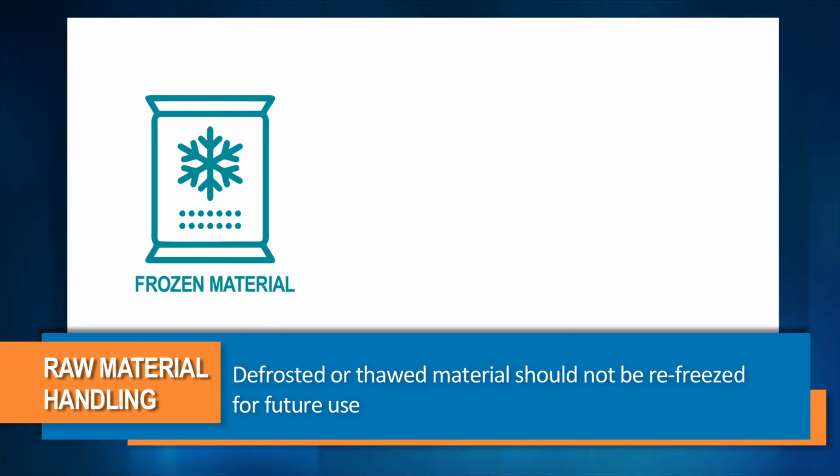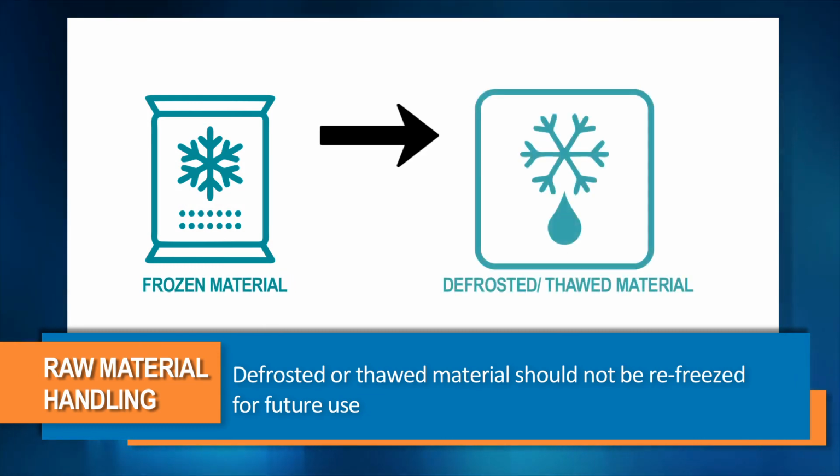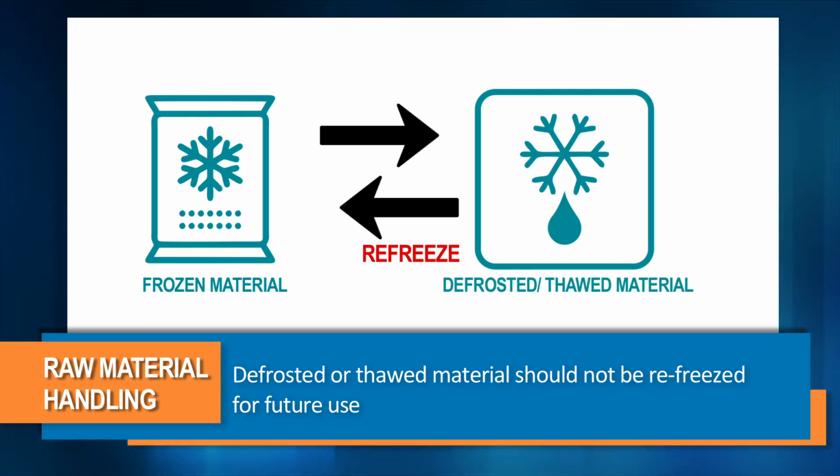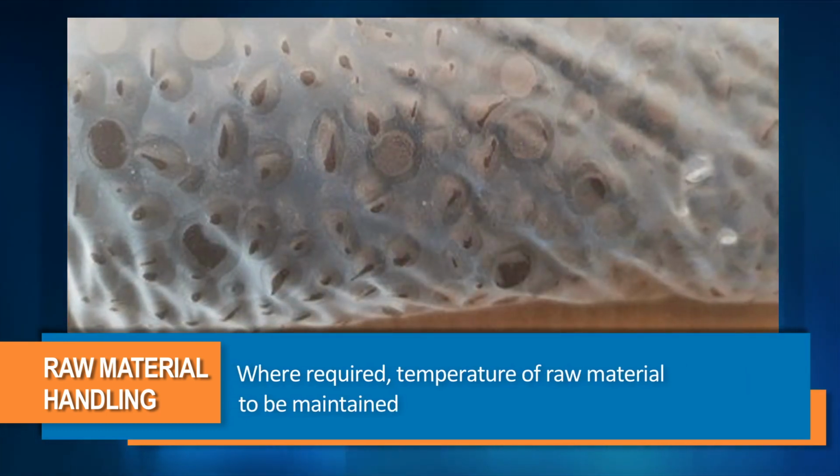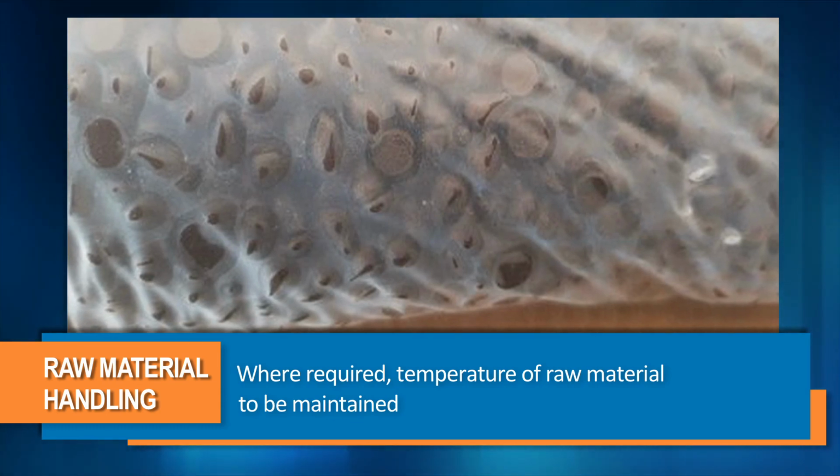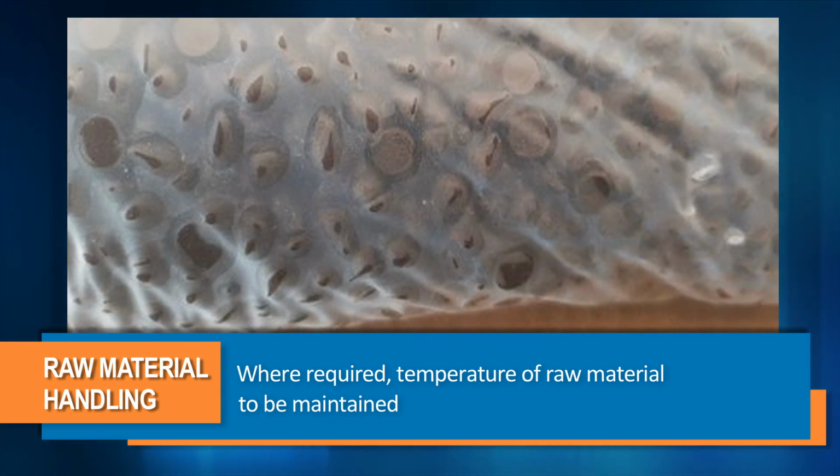Whenever frozen raw materials are handled, adequate care shall be taken so that defrosted or thawed material is not refrozen for future use. Where required, temperature of raw material shall be maintained.